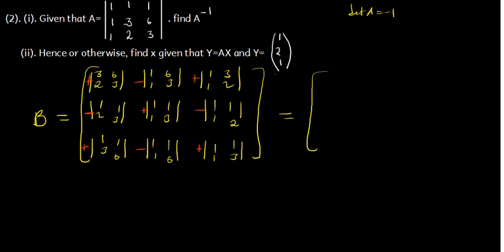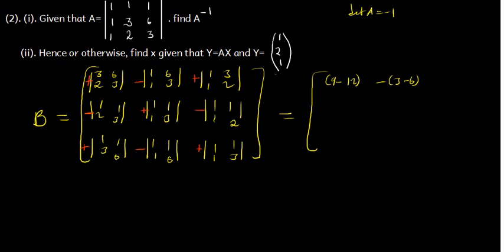And so this is going to give us, we find the determinant of each of these matrices which are inside. 3 times 3, that is a 9, and then minus 2 times 6, that is a 12. Then we come here, 1 times 3, that is a 3, minus 1 times 6, that is a 6.